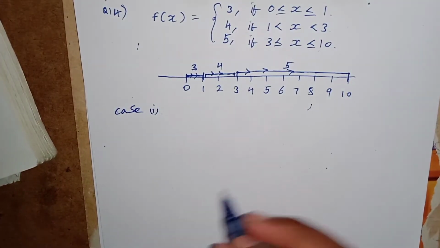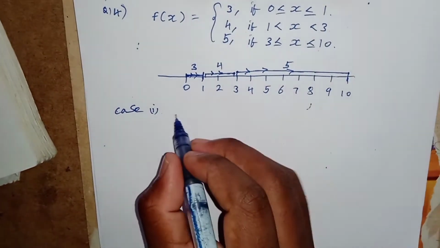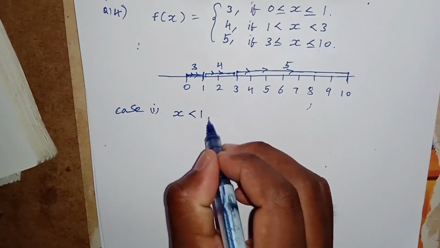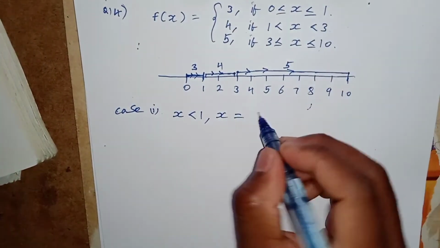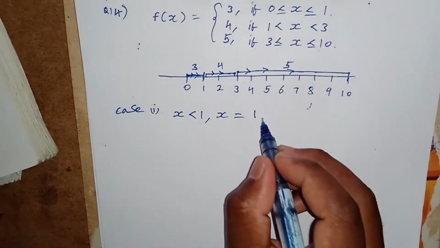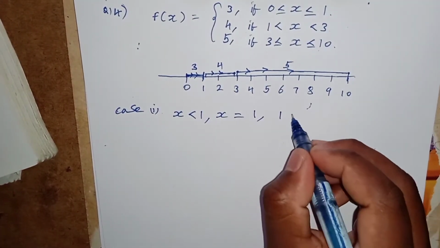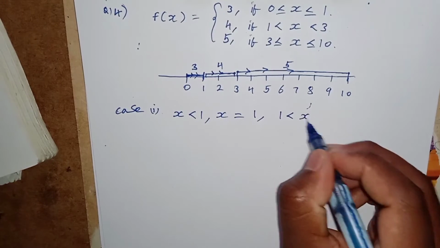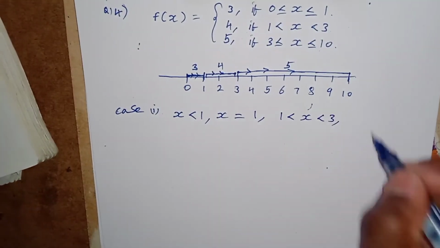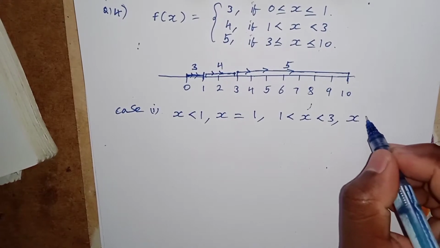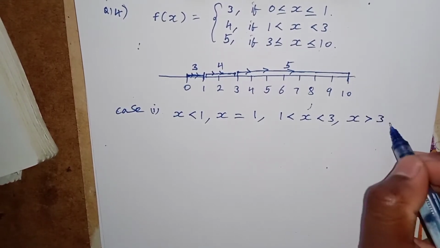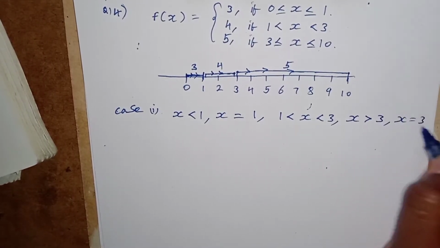Case 1, x less than 1; next, x equal to 1; next, 1 less than x less than 3; next, x greater than 3; x is equal to 3.